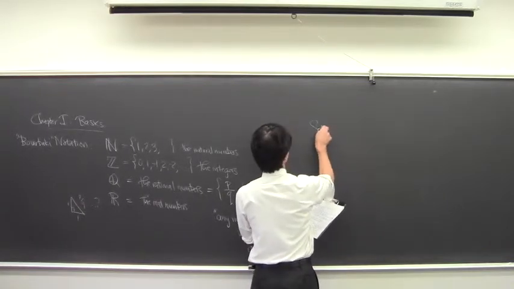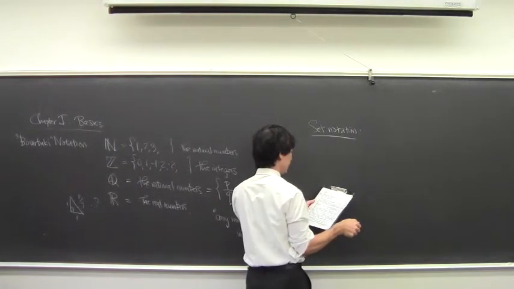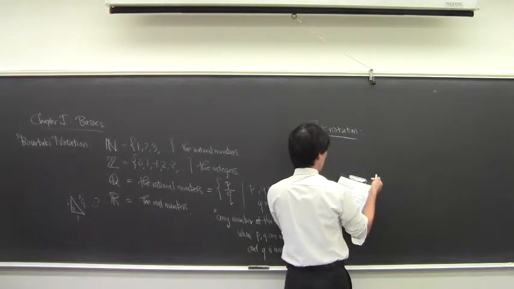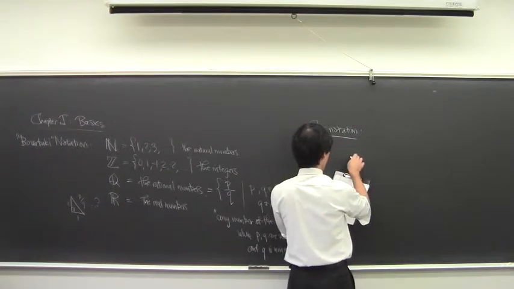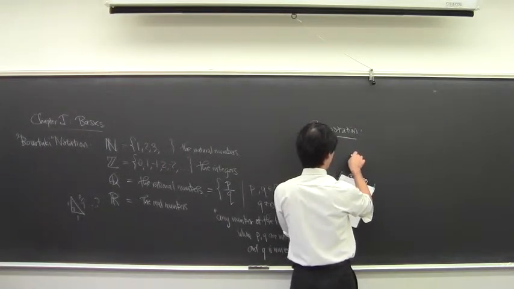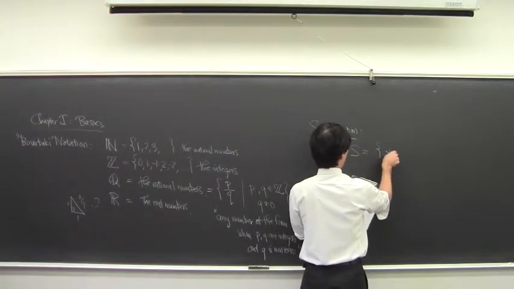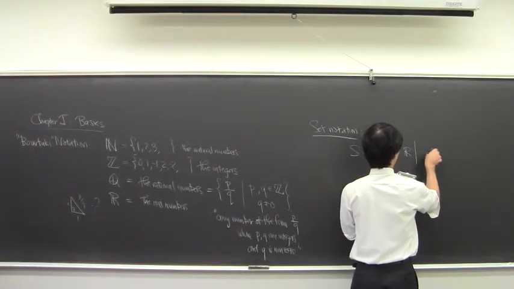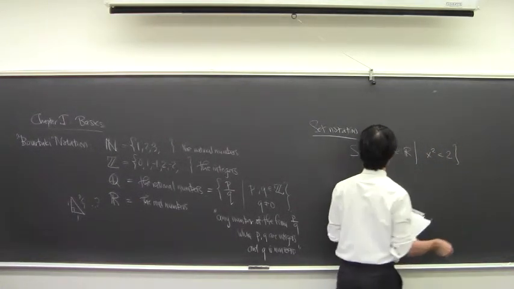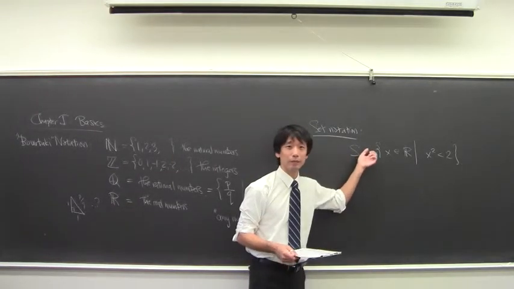Okay, set notation. Let me just give an example, and this will maybe illustrate what we mean. If I write something like S equals x in R such that x squared is less than 2. Here I have this statement.